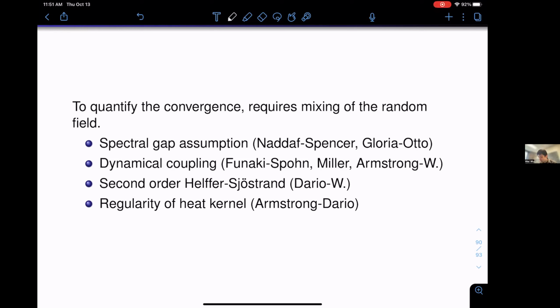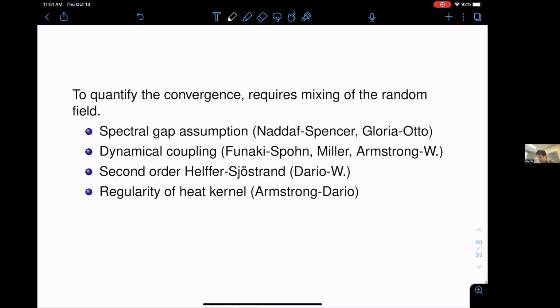And what we did with Paul is we look at the Helffer-Sjöstrand equation, and we differentiate that. So we got some second order Helffer-Sjöstrand equation, and we prove a regularity theory of that, which I will just comment briefly on the next slide.